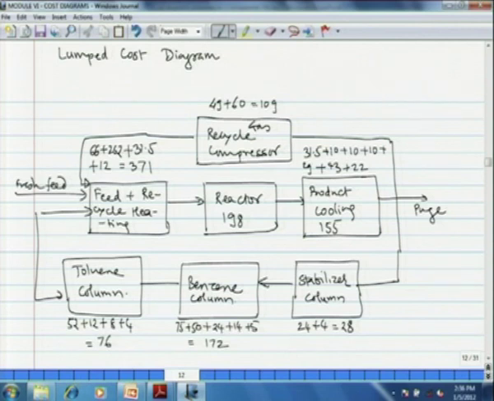So, these operations were the feed and recycle heating, reactor, product cooling, the gas recycle compressor, and separation of the 3 liquid streams benzene, toluene and xylene through 3 columns: stabilizer column, benzene column and toluene column. Then we distributed the cost of the common equipment to the 2 processes depending on the contribution of that particular process.